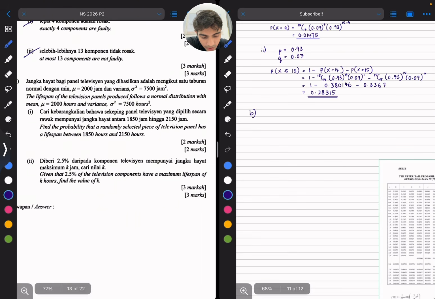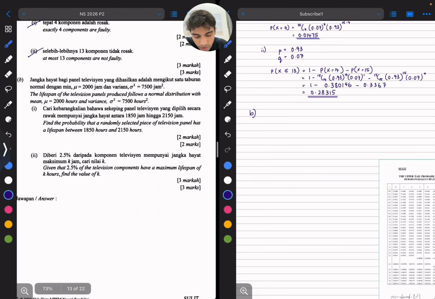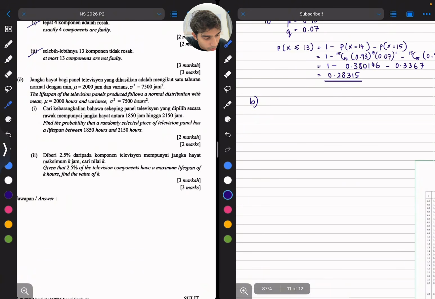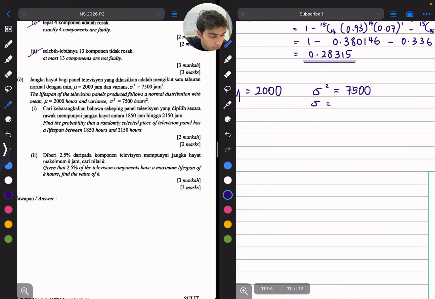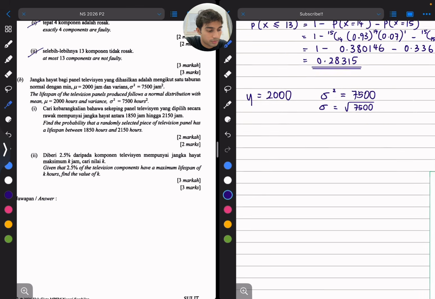B, the lifespan of the television panels produced follows a normal distribution with mean 2000 and variance 7500. So the standard deviation will be the square root of the variance, which is the square root of 7500.